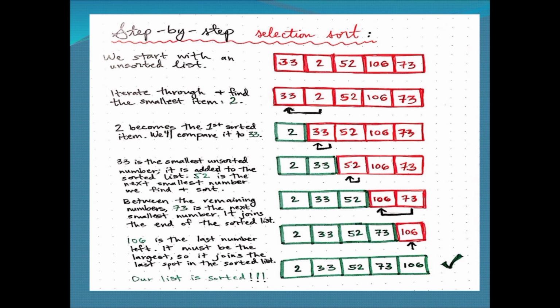If they are in order, then I will quit the process, and my final sorted list is 233, 52, 73 and 106. Okay, this is another example of selection sort technique.